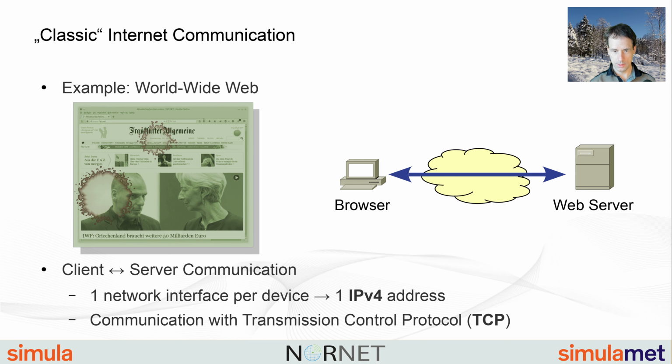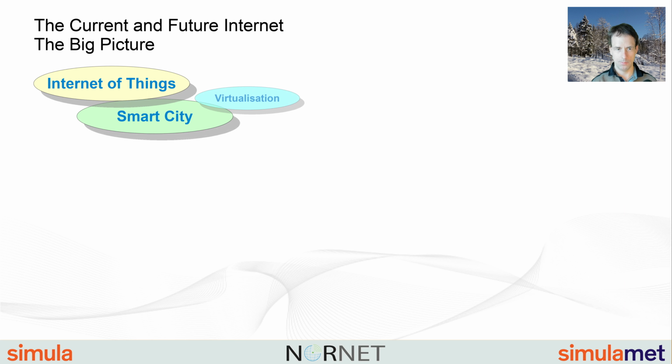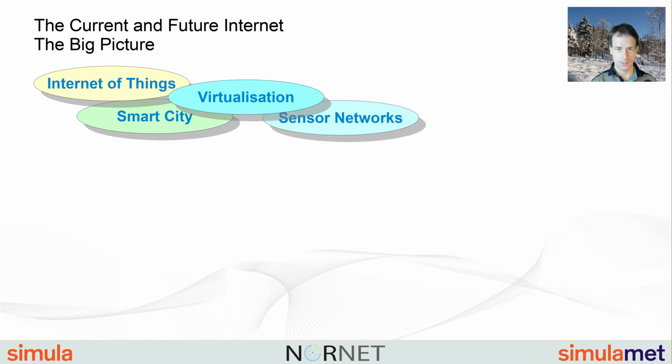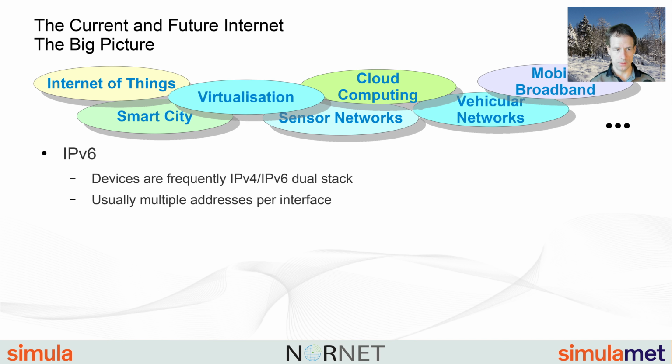But of course nowadays we not only have this classic client-server communication, we have new things like Internet of Things, smart city, virtualization, sensor networks, mobile broadband and cloud computing and many others. So we have more strict requirements on the communication, and particularly nowadays we also have IPv6, the successor of IPv4.